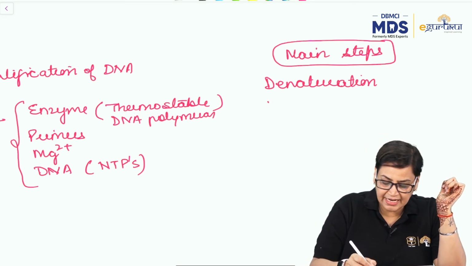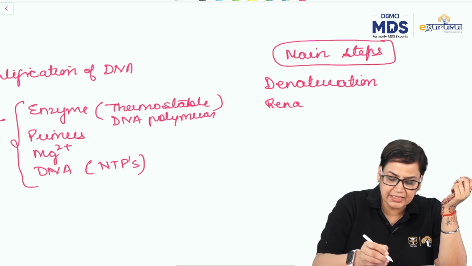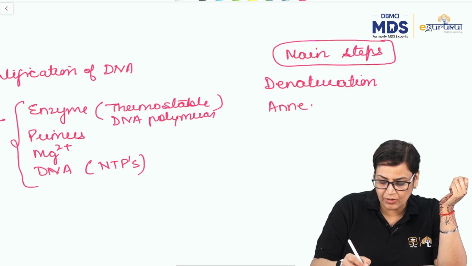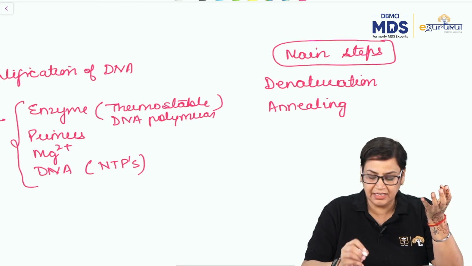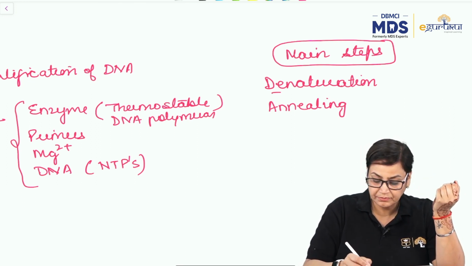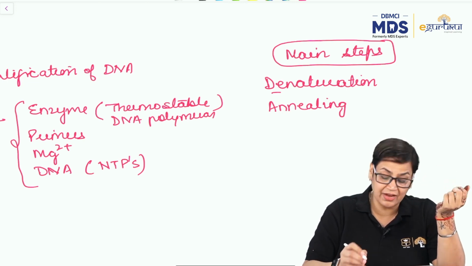Then second is renaturation, or the most appropriate would be annealing. What is the difference between annealing and renaturation? De means removal of the naturally existing state of DNA. Re means we are reuniting DNA strands.